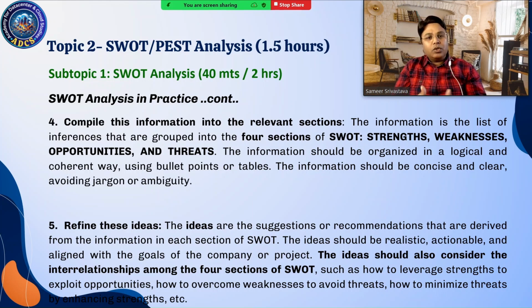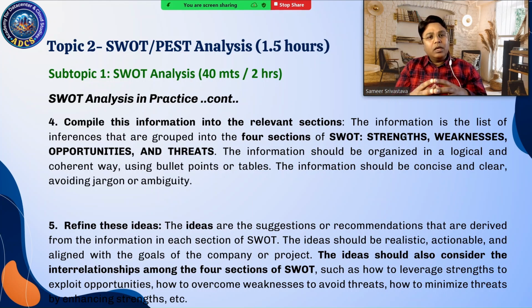Information should always be organized in a logical and coherent way, so that it makes sense. It gives a visual understanding of the strengths, weaknesses, opportunities, and threats. So it should not be jumbled. It should not be chaotic, where you give some information earlier, some information later. Each and every piece of information should be interlinked, from the beginning to the end.